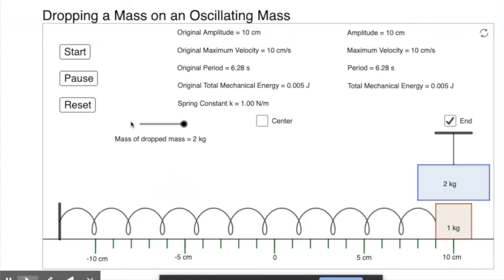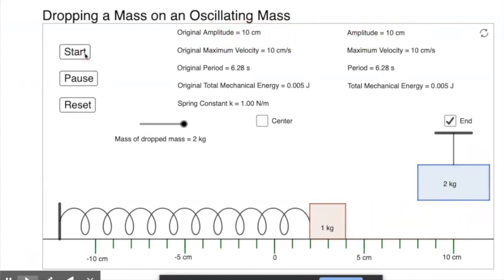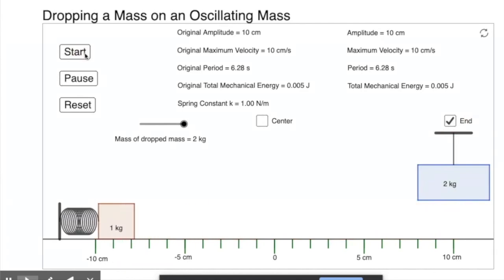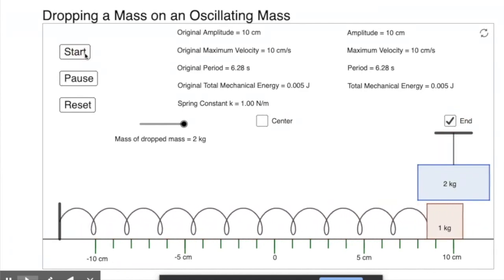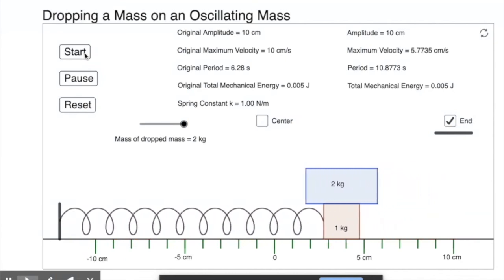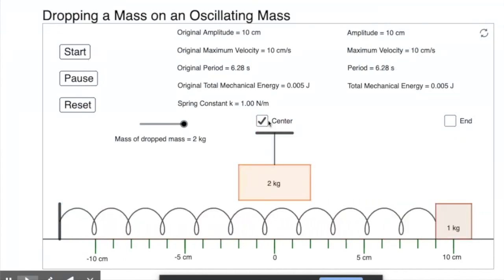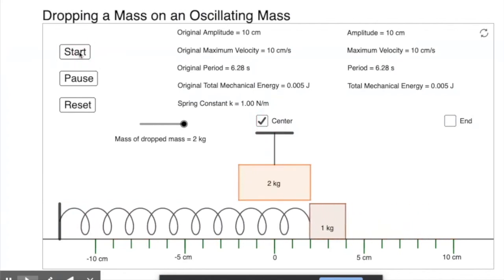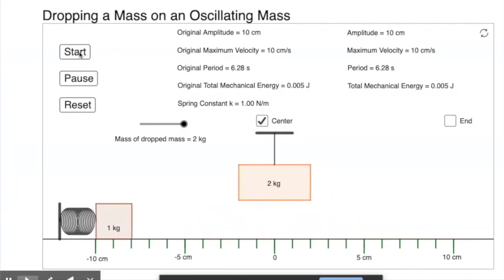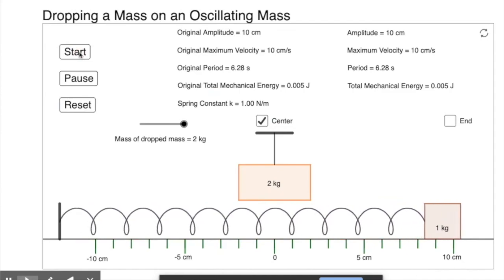Whereas in this situation, when it was dropped onto the oscillating mass at the end, the amplitude didn't change because there was no energy lost. And so we can clearly see by comparing the two situations that the only reason why the amplitude is less is because of the energy lost in the inelastic collision.